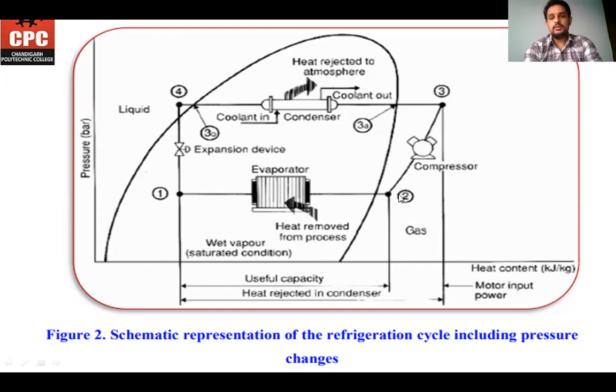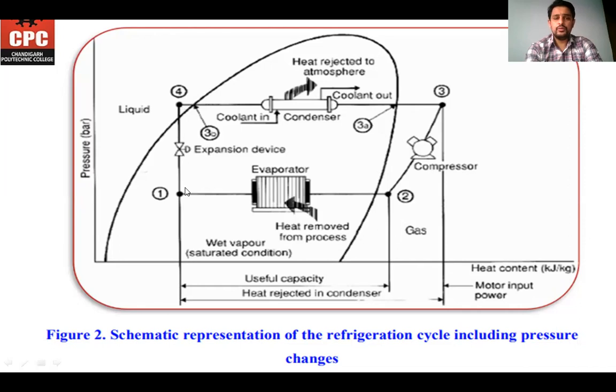And from 2 to 3, there is a compression which increases the pressure of the refrigerant and causes it to flow throughout the system.